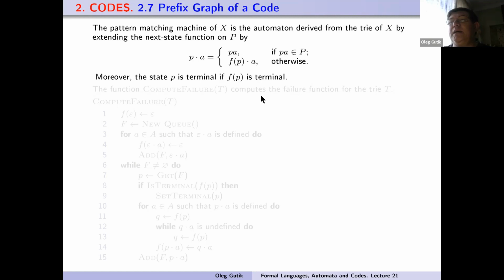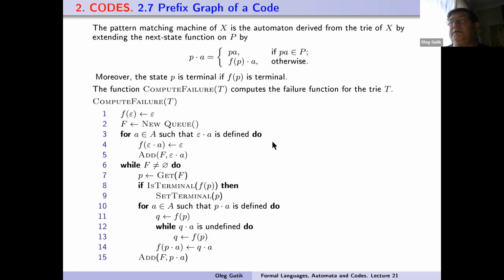Moreover, the state p is terminal if f of p is terminal. The function ComputeFailure of T computes the failure function for the trie T, and is described in the following algorithm.